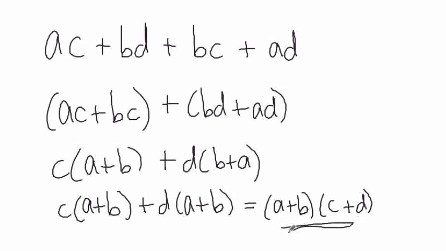Okay, so you'll see this situation sometimes. The long and short of it is, you can group them into groups that can be factored, and then sometimes when you do that, you can do a second factorization that gives you a nice compact answer. So be mindful of that possibility.